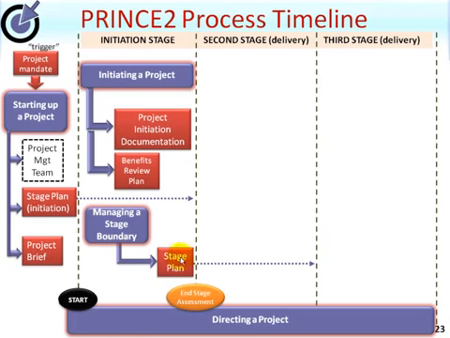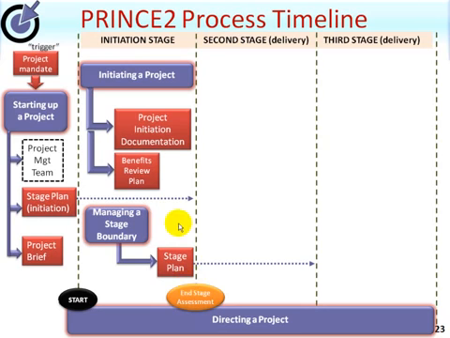So in effect, the project board have 2 decisions to be made at this point in time. One is to approve or otherwise the PID itself, and of course the benefits review plan, and the second is to approve the stage plan for the next stage. Normally these 2 decisions are carried out at the same meeting.